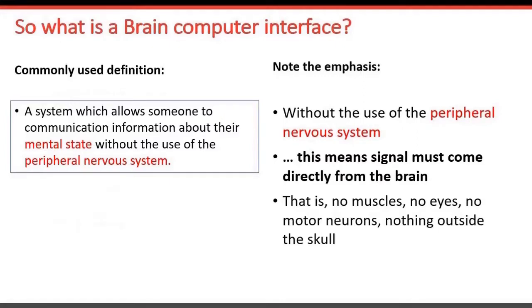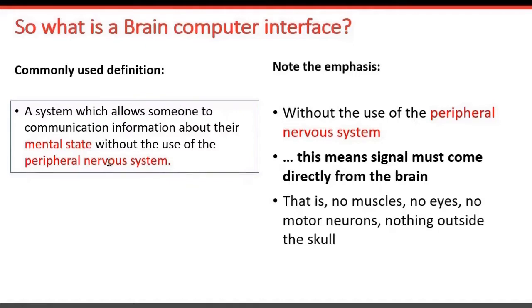So what is BCI, or brain-computer interface, or brain-machine interface? We have some common definitions that can be used. One of them is, it's a system which allows someone to communicate information about their mental state without the use of the peripheral nervous system. So there are two components that I want to emphasize. We have mental state, we have someone, okay, and then peripheral nervous system.